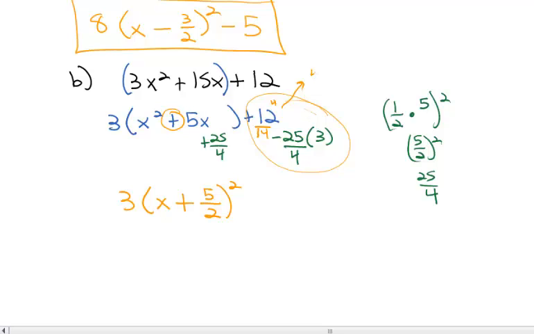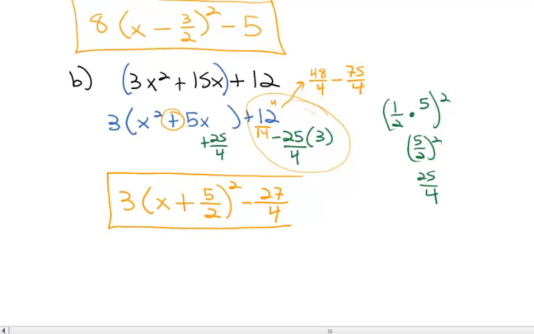So that's going to give us 48/4 minus 25 times 3 is 75/4. 48 minus 75 then is going to give us -27/4. And that'll become our final solution.